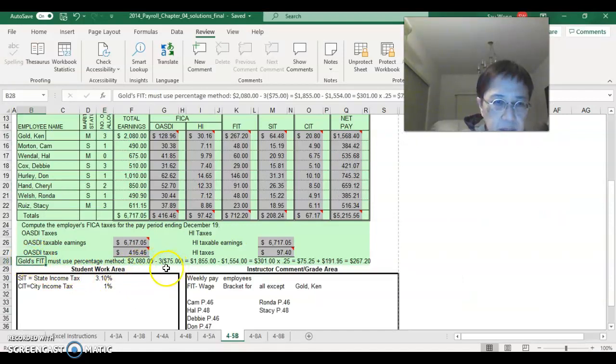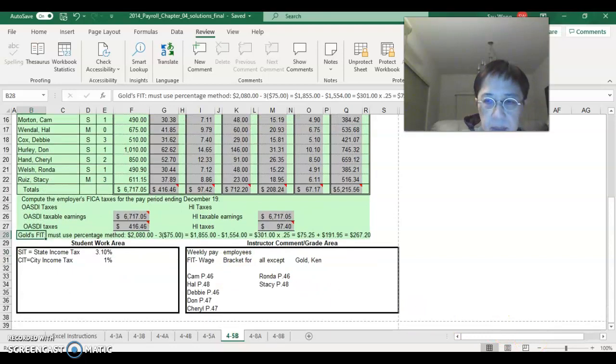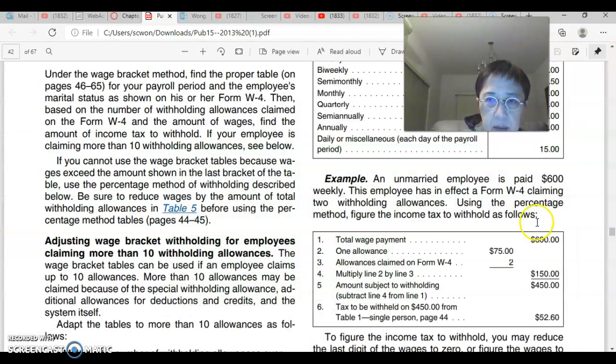$75 allowances times 3, and then take the $2,080 minus the withholding allowances, equal to $1,855 minus the $1,554. How did we get that? We go down to Publication 15.